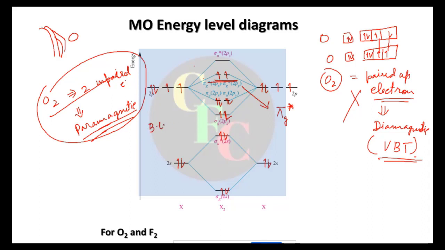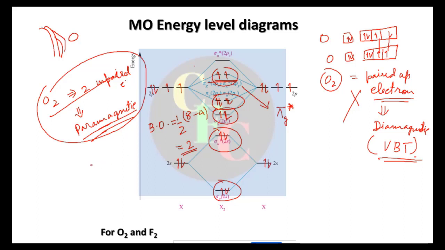The bond order will be half of what is in the bonding orbitals, 2 plus 2 is 4, plus 4 is 8, right? And in the anti-bonding orbitals we have 2 and 2, 4, so 8 minus 4 is 4, by 2, it's 2, right? We say that this O2, that is dioxygen, has a bond order of 2.